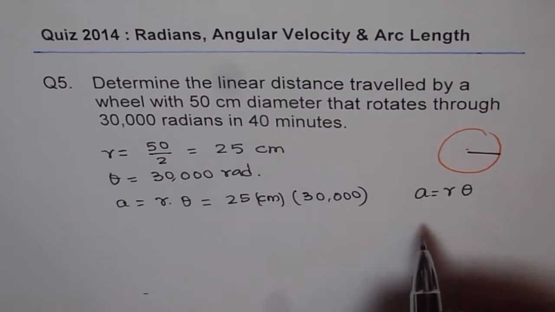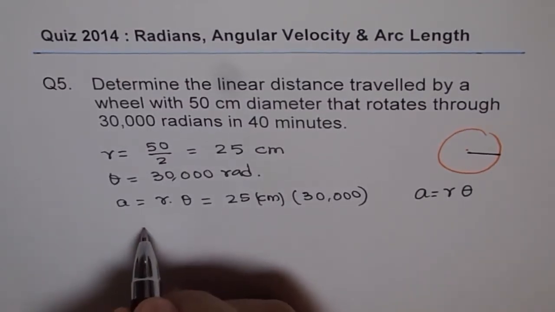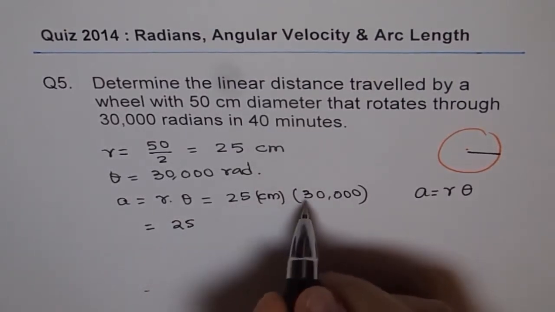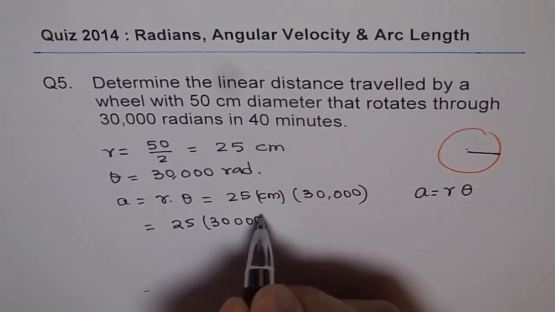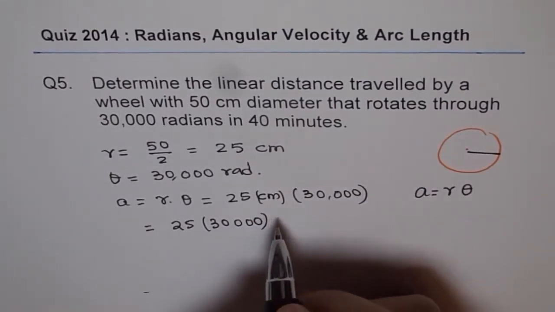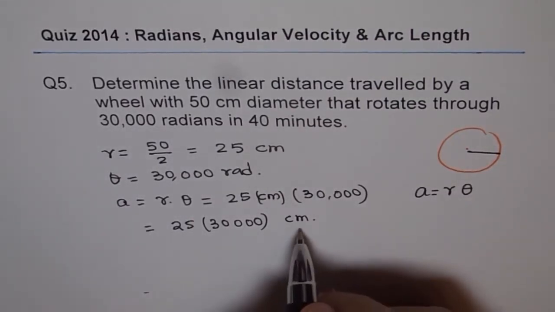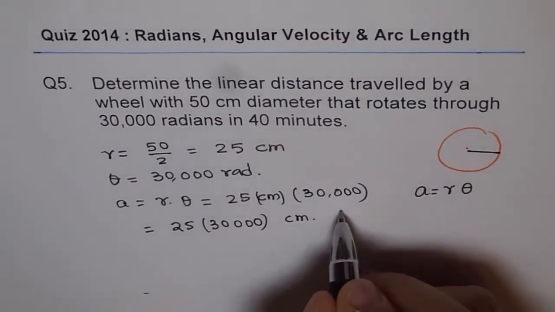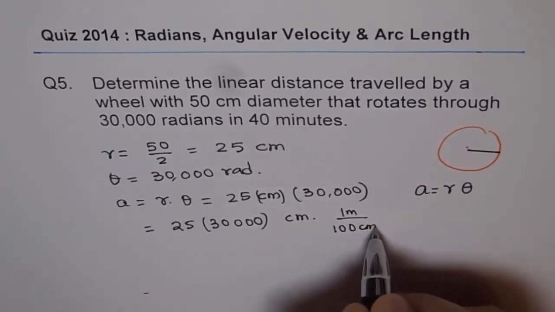Now let me also show you, as a part of the solution, how to convert the units, okay? So we'll say A equals 25 times 30,000 centimeter. The units are centimeter at present. We'd like to convert that to kilometers, and here is how we do it. We can write 1 meter is equal to 100 centimeter, right?